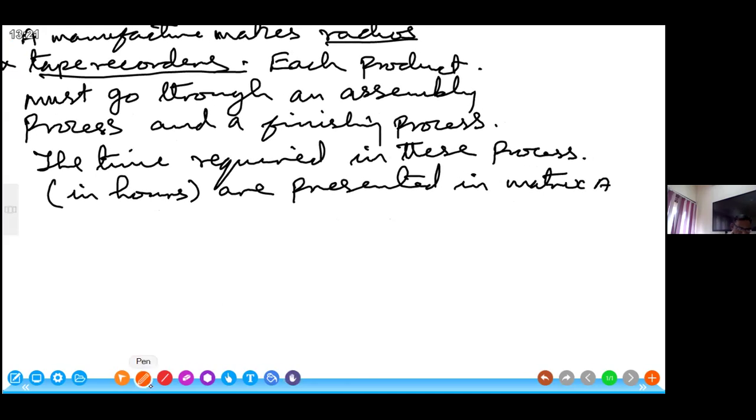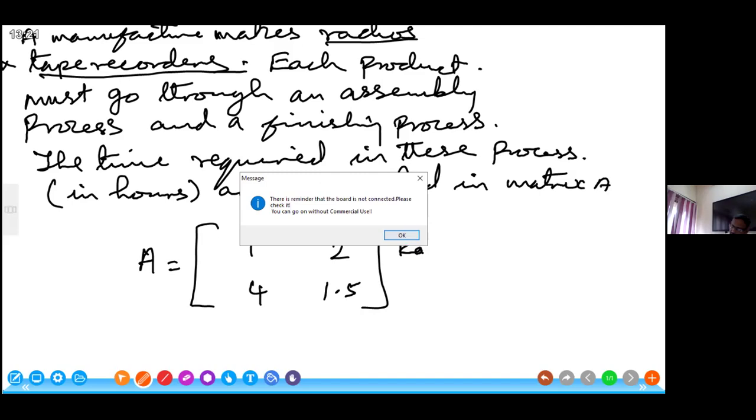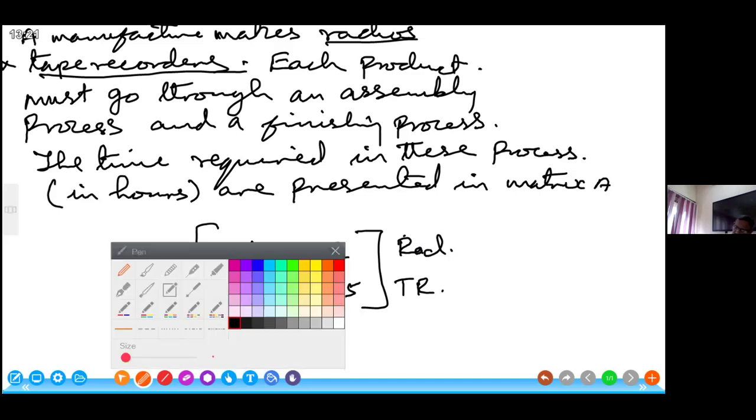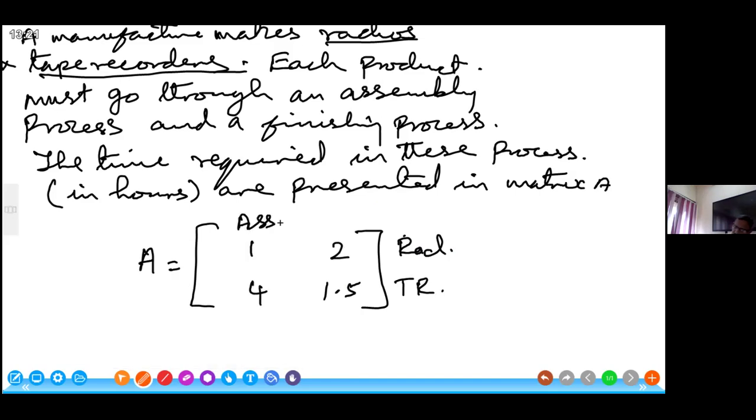So the time taken, let's say matrix A: 1, 2, 4, 1.5. So this is for radio. This is tape recorder. This is for assembly. This is for finishing. Right?